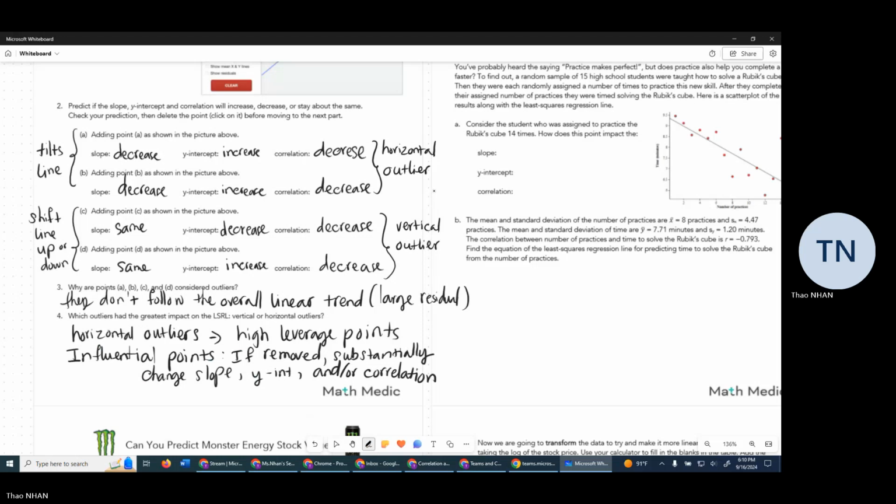So those are influential points, your outliers here, these points.